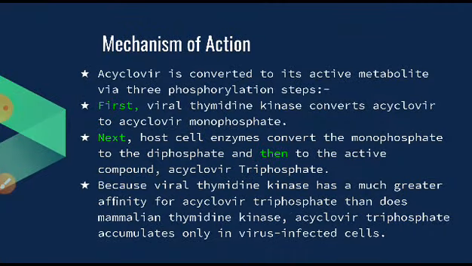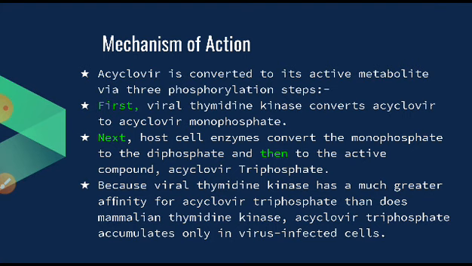So I'll tell you acyclovir's mechanism of action here. You can understand this mechanism nicely. Acyclovir is converted to its active metabolite via 3 phosphorylation steps. Means to make acyclovir active, it has to convert into its active metabolite, and that conversion happens in 3 steps.